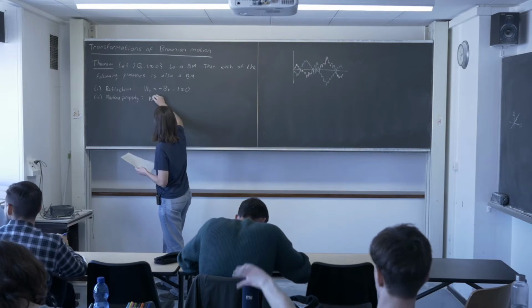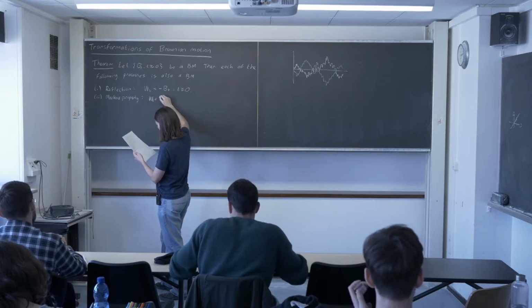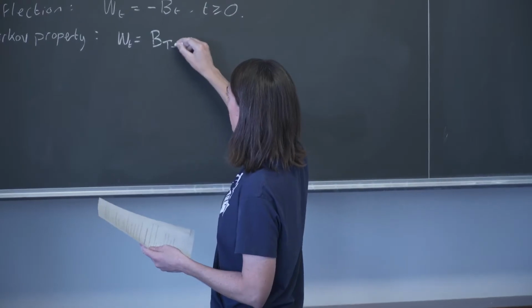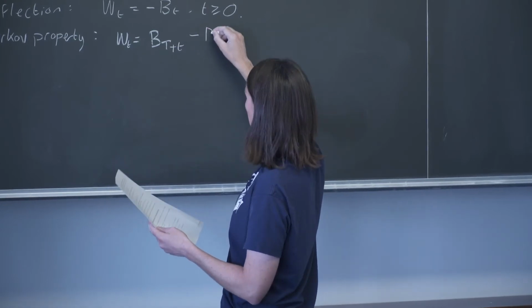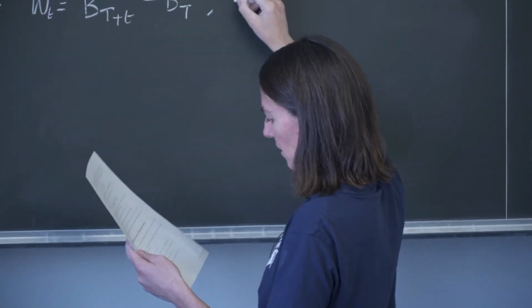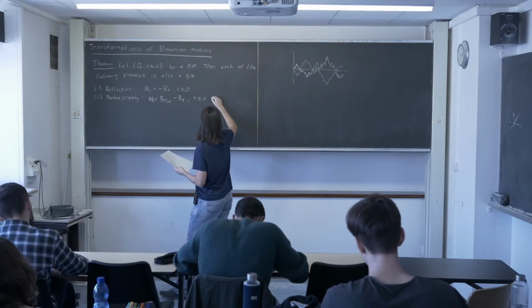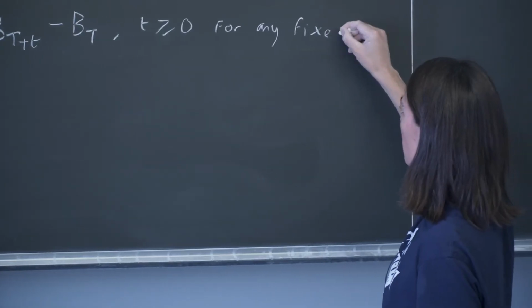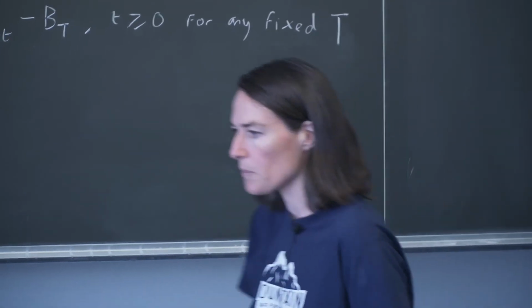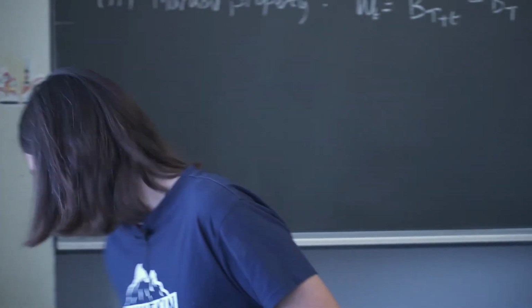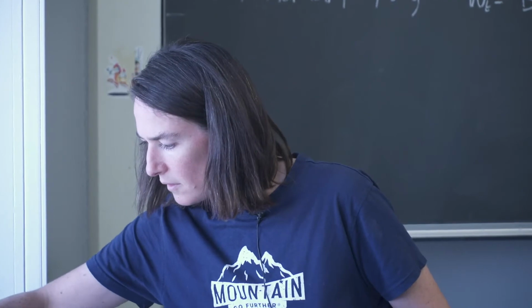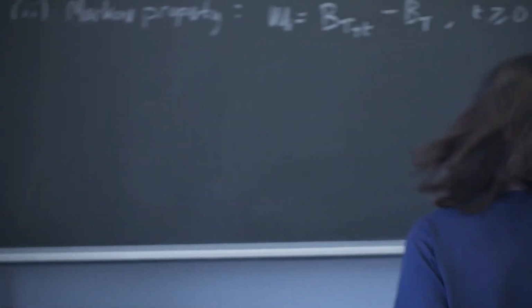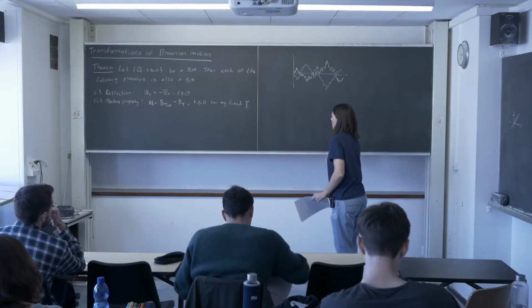So if we set W_t to be equal to B_{t+T} minus B_T, t greater than or equal to 0, for any fixed T. Okay, so again, let's look at our picture. So what have we done now?